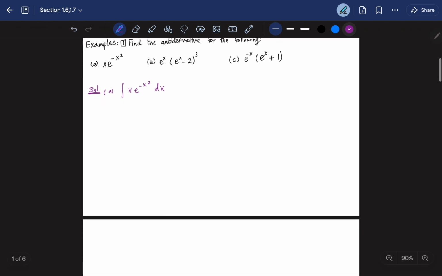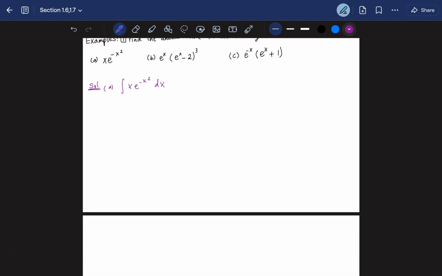If you remember from the last video, we talked about substitution. Here, if you look at the exponent of your e, you have x squared. And if you look at the integrand in general, you see that you have an x here and a dx. So let's see what happens if I take u to be my whole exponent.